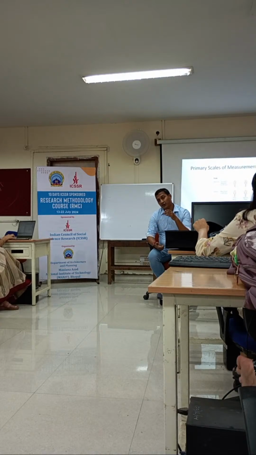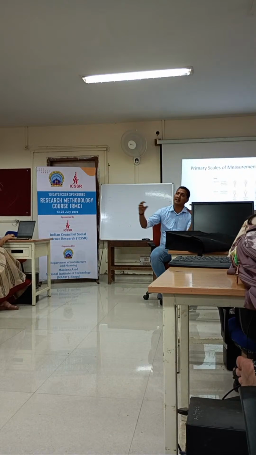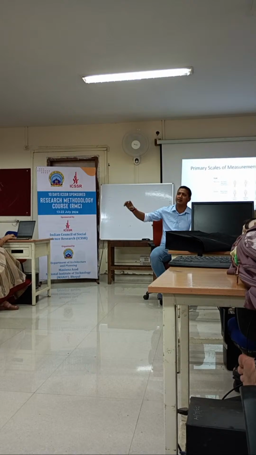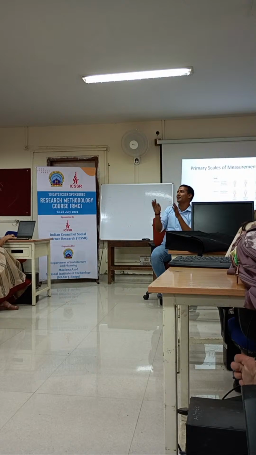Then we are talking about sensitive issues. You will see the scale size increases: 5, 7, 9, 11, 13, 15, like that. It means we get the actual response. Suppose someone is lying between agree and strongly agree.